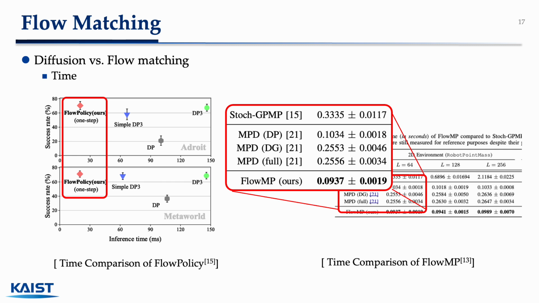Therefore, many flow matching papers highlight faster generation speed as a key advantage over diffusion models. This characteristic makes flow matching particularly appealing for real-time planning tasks, where fast inference time and real-time operation are critical requirements.